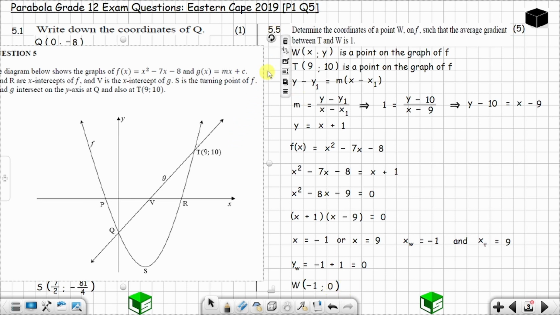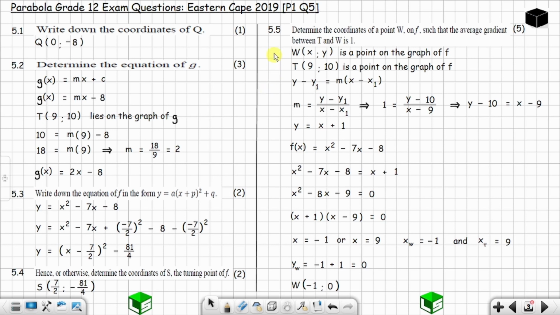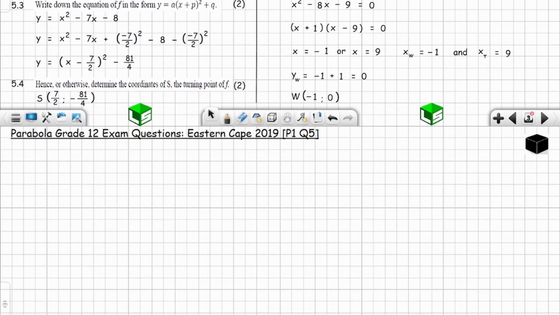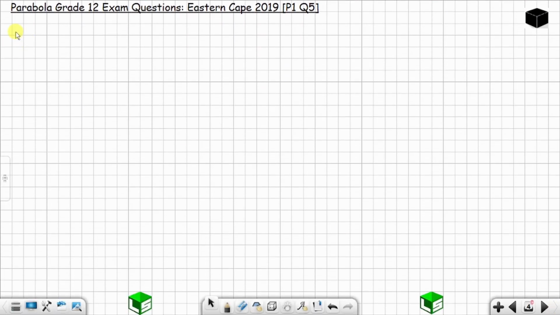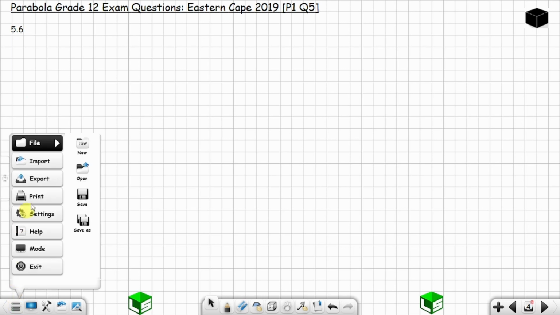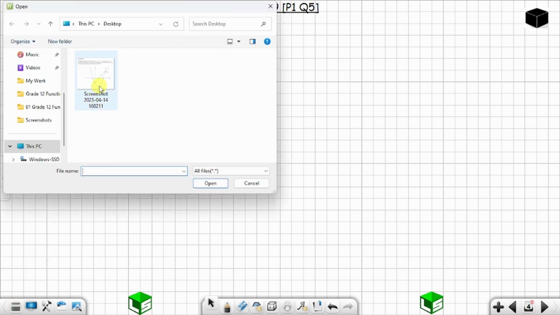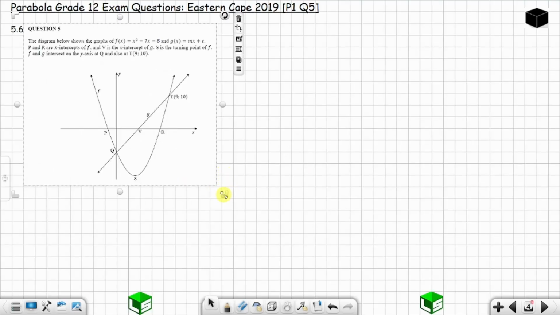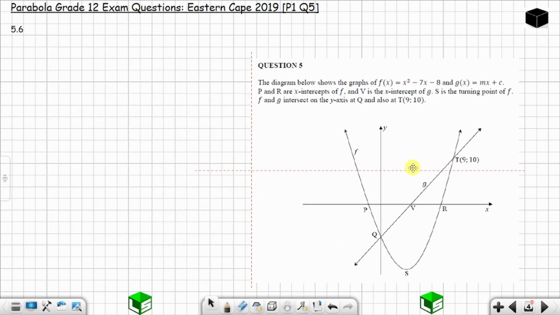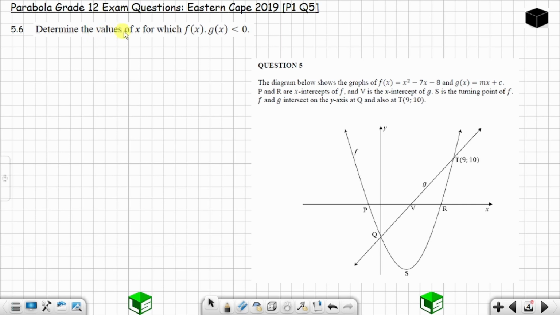Now let's move on and do question 5.6. Let me get the question again. The question is, determine the values of x for which f of x times g of x is less than 0.